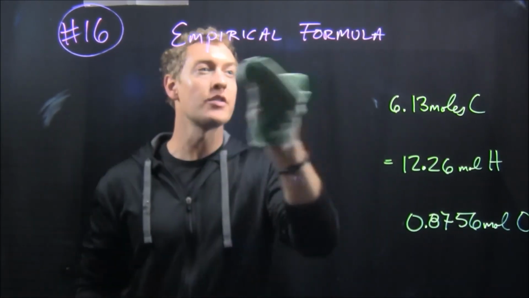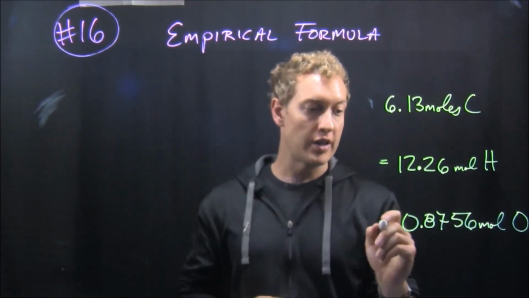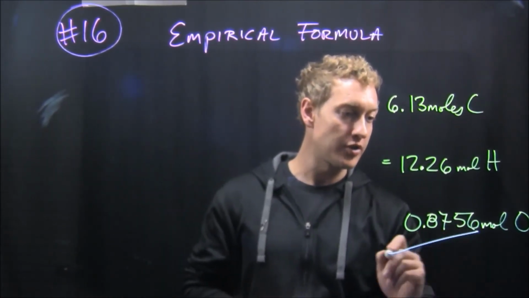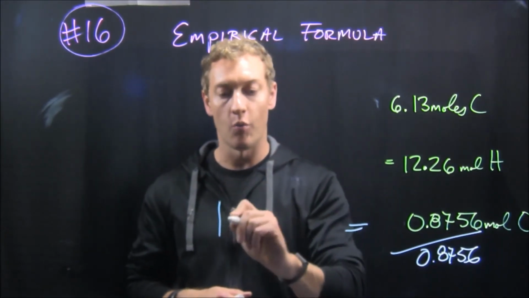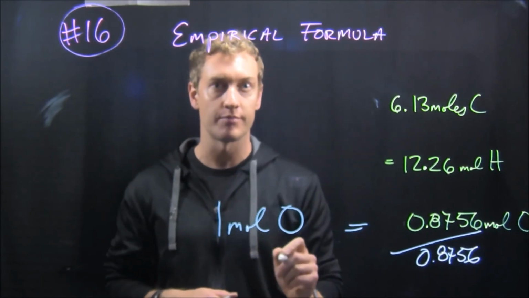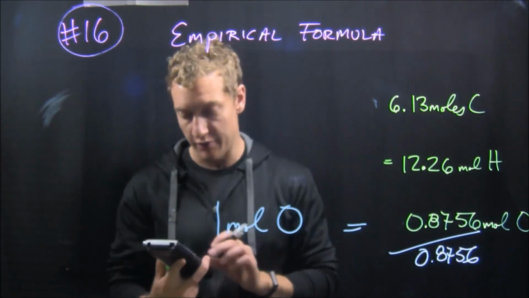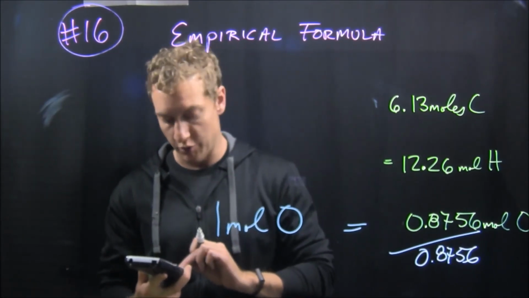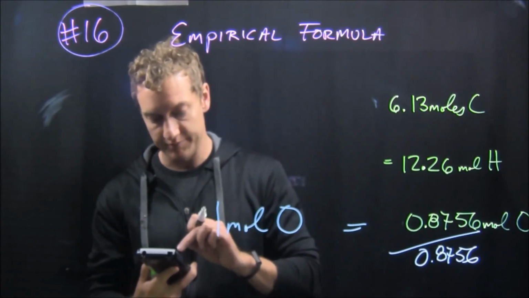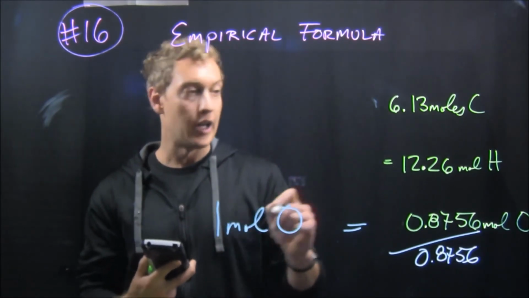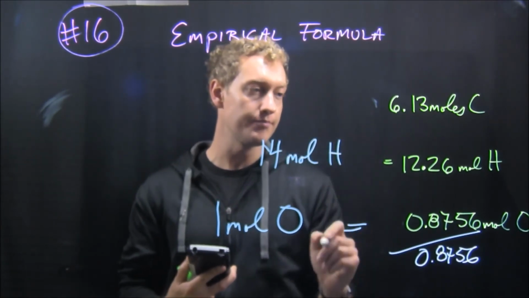So if we divide each of these by the smallest one, we're going to take 0.8756, and that equals 1 mole of oxygen. We're going to divide 12.26 by 0.8756. And we get 14 moles of hydrogen.